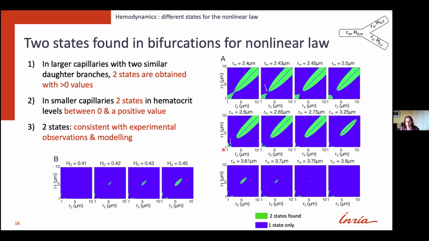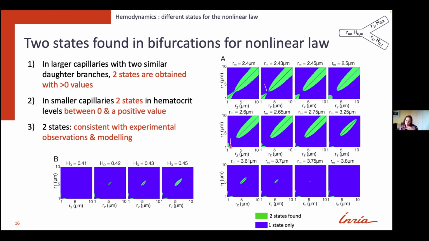And in smaller capillaries, we have two states with two different hematocrit levels. But contrary to the first zone, here we have an oscillation between one branch that has zero hematocrit and the other one that has the rest of the hematocrit.